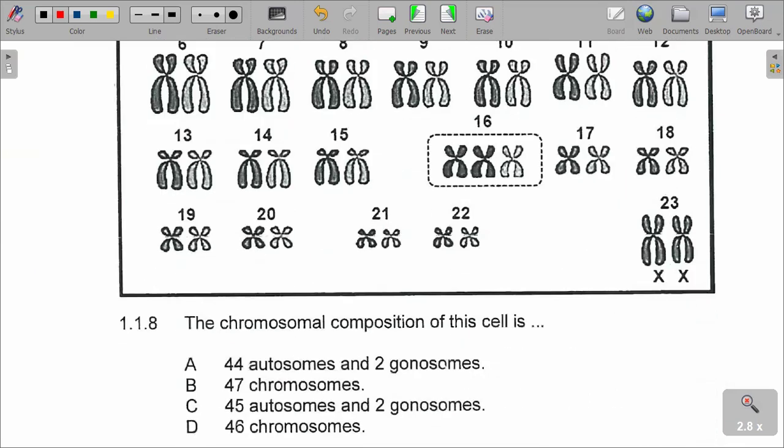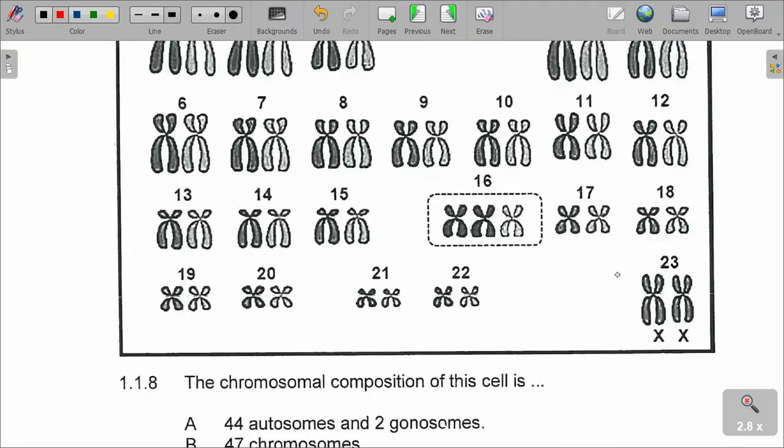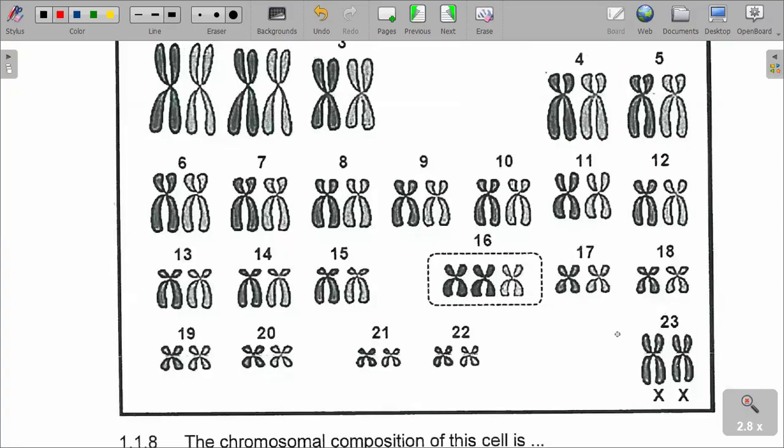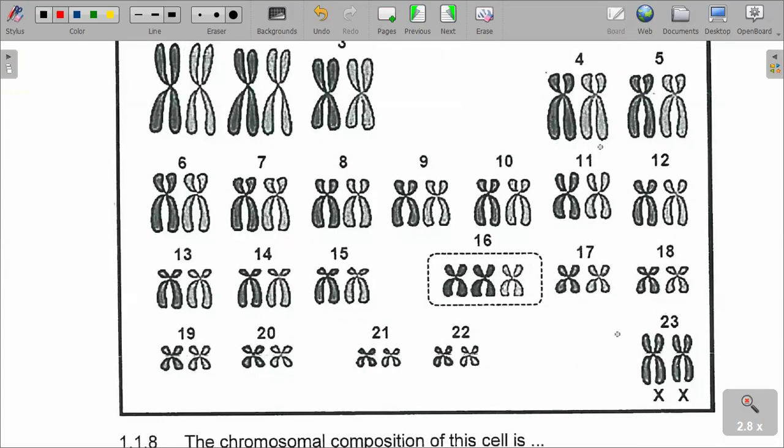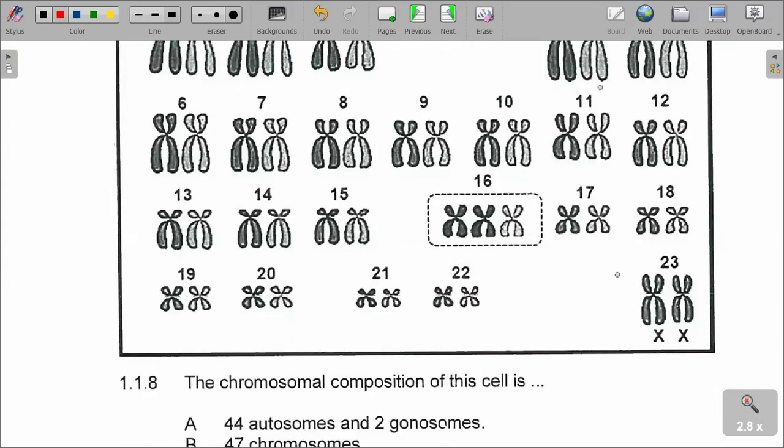So now, what we need to look at is that we are given the karyotype here. So the chromosomal composition of this cell is dash. The chromosomal composition, we are saying how many chromosomes are in this cell. So as you can see, we are just counting the total chromosomes that are within this cell, all of them from number 1, 2, 3, our autosomes, which of course we find out that on chromosome number 16, we have got triplets.